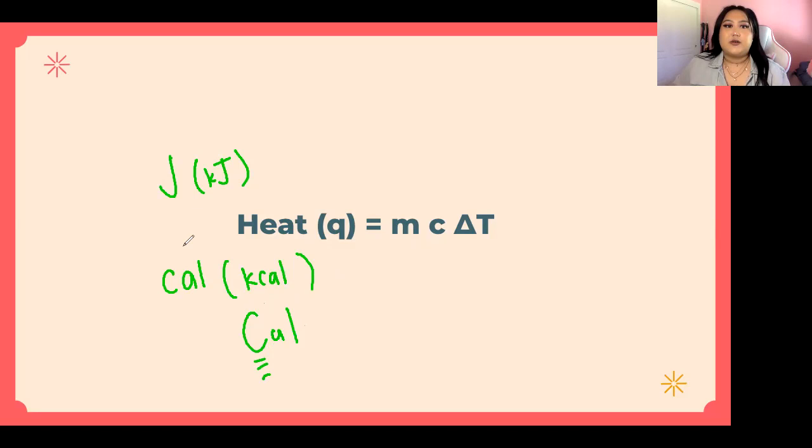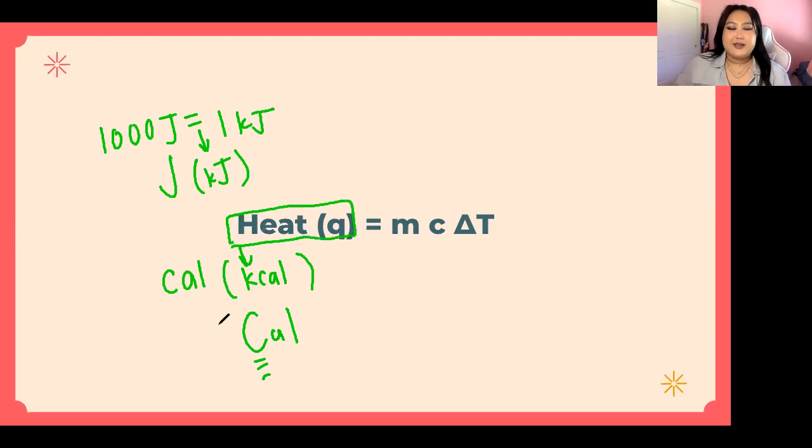Okay, so do you remember what the K in the front means? What prefix that signifies, like what numerical value? 1,000, yeah, perfect. So 1,000 joules equals 1 kilojoule. This is for heat, for Q, right here.